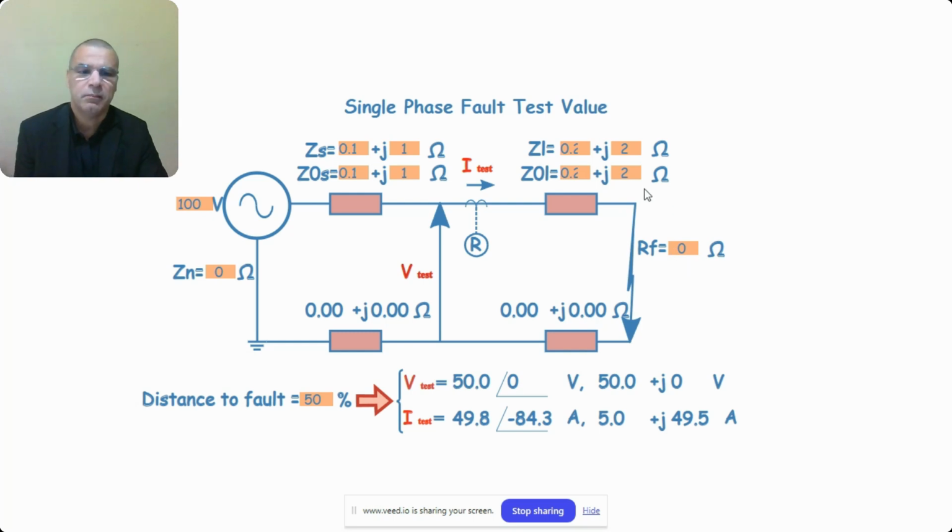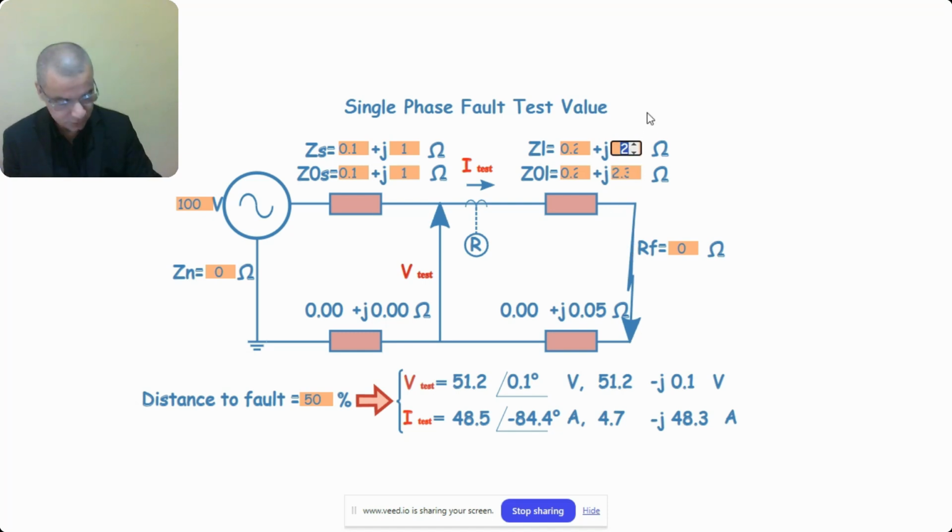Let's say that you want to change the values to correspond to what you have on your relay. You can use these to make the changes, and you will see that these values are calculated automatically. You can also do it manually using your keyboard, so I'll put it to 1.